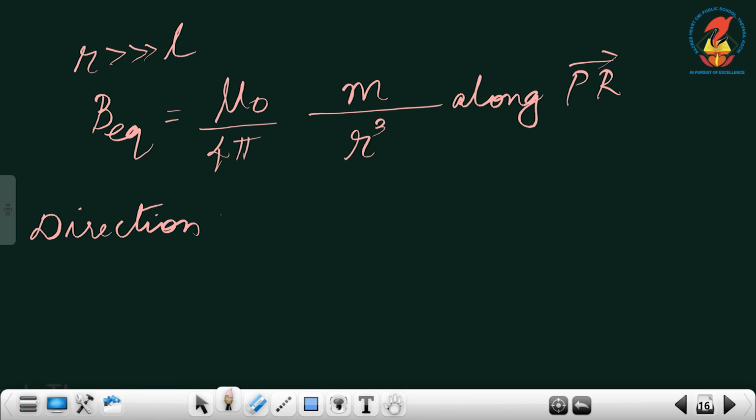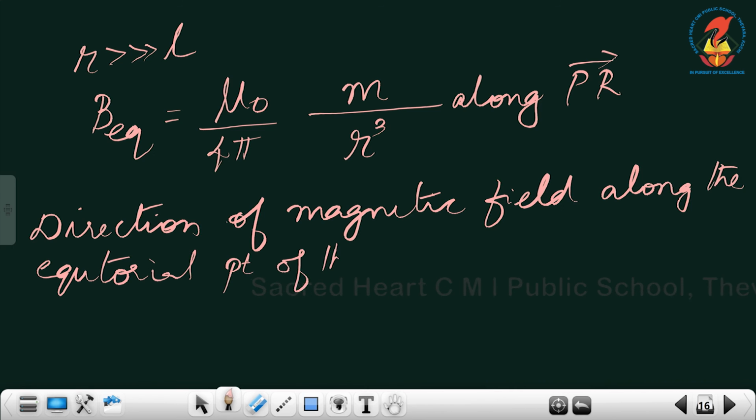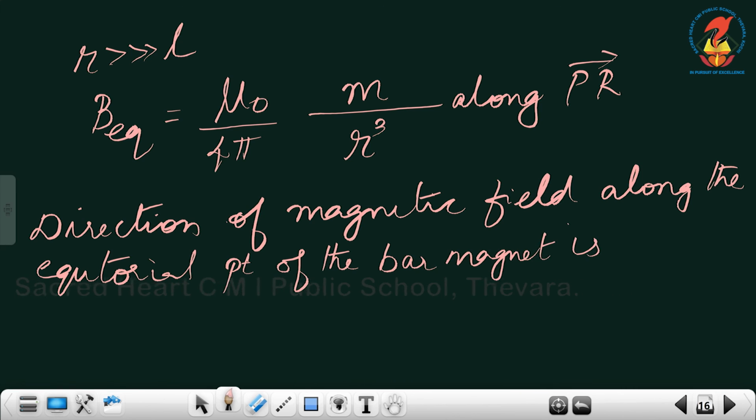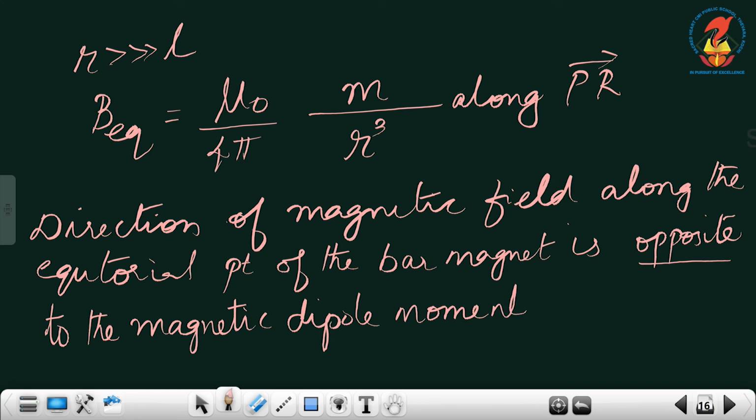We can say the direction of magnetic field along the equatorial point of the bar magnet is opposite to the magnetic dipole moment.